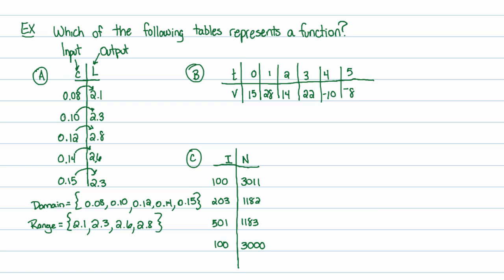Turns out that 0.10 leads to 2.3 and 0.15 also leads to 2.3. But the fact is 0.10 leads to one output and 0.15 leads to one output. It's okay that they share the same output. They just lead to one output each. So this is a function.